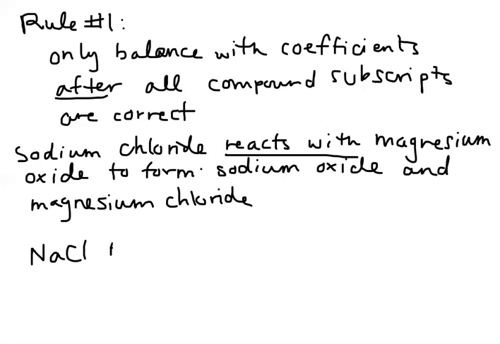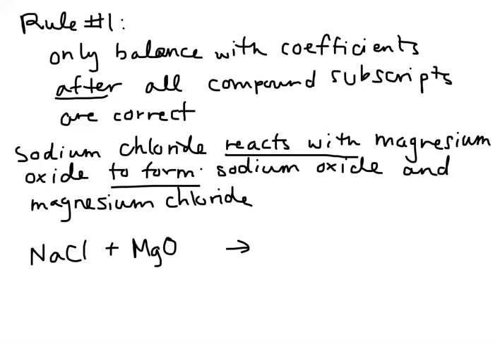Plus, what's the formula for magnesium oxide? MgO, because magnesium is 2 plus and oxide is 2 minus. Okay, so you've balanced those. What does "to form" mean? Like, how would you draw that out? An arrow, exactly.